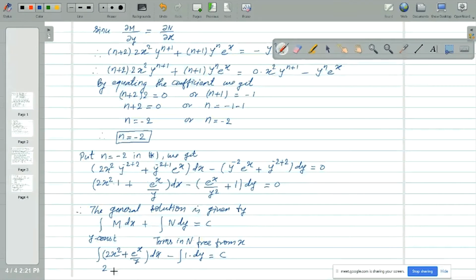So the integration of x square is x cube by 3, plus y is constant, the integration of e raised to x is e raised to x by y. And minus the integration of dy, that is y, equal to c, which is the required solution of the given differential equation.